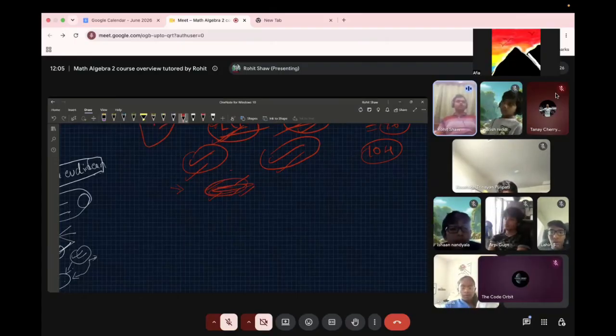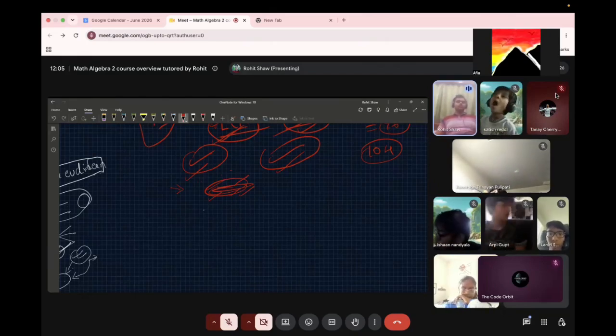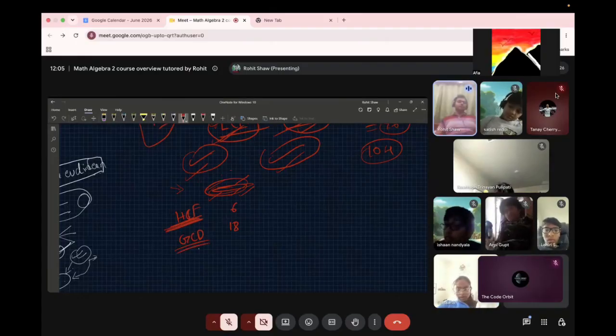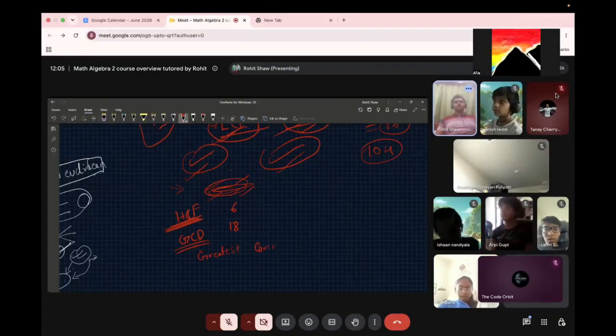Now let us understand LCM and GCD. It is mainly concerned with more than one number. Let's say 6 and 18. First we'll understand the highest common factor, or I can say GCD. The full form of GCD is greatest common divisor.